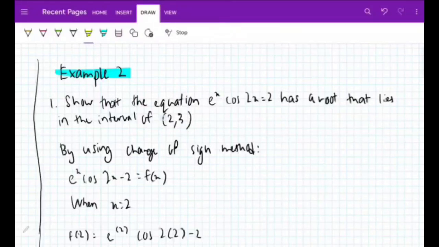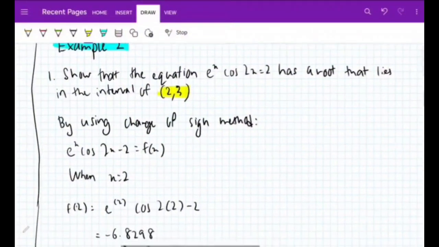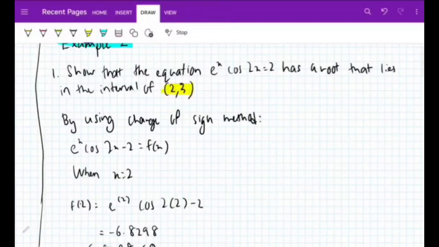First, by using the change of sign method, we write it back: we put the 2 over here so it equals 0, and label it as f(x).